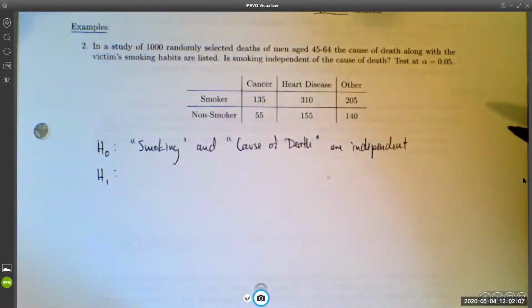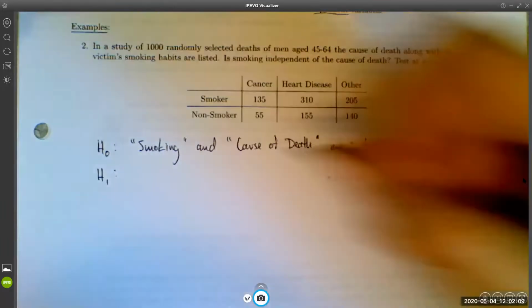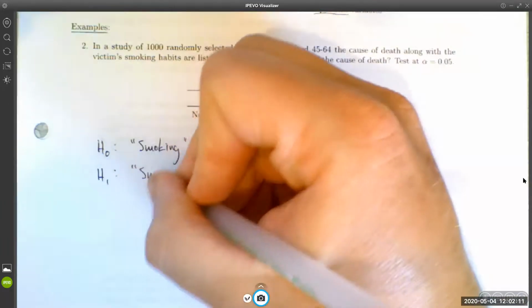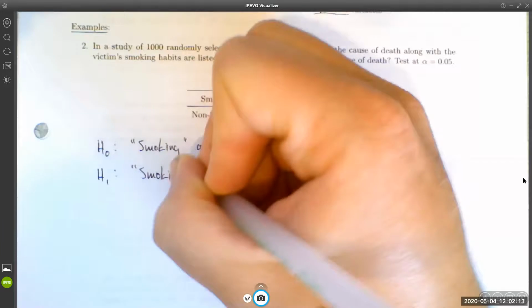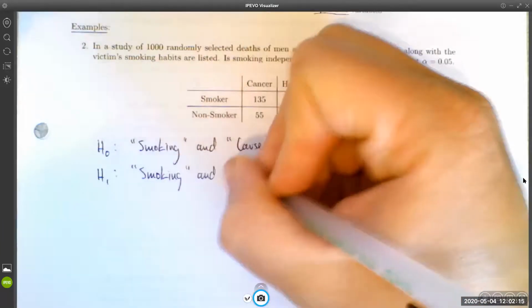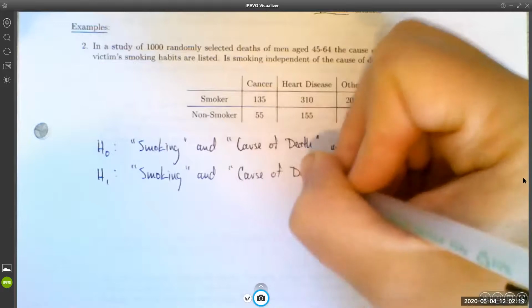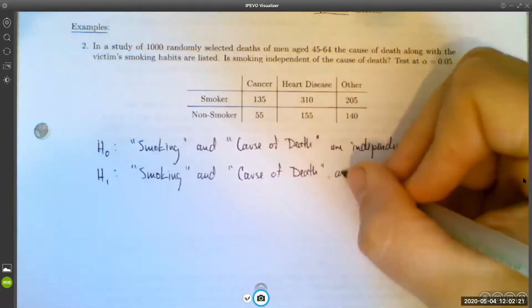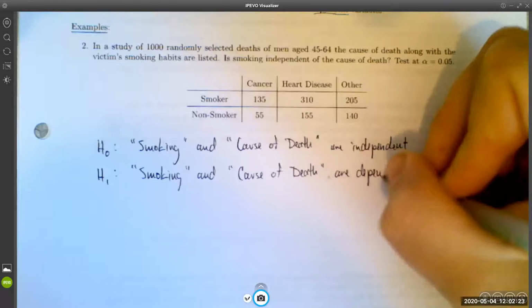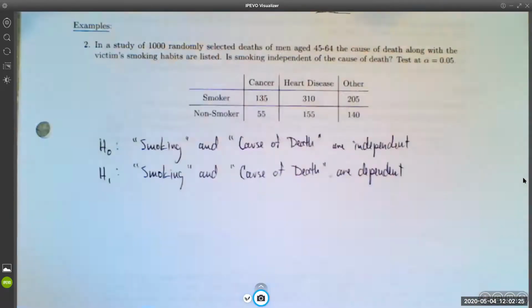There's a link between them. In other words, they're dependent, right? So smoking and cause of death are dependent. Okay. So let's run the test.